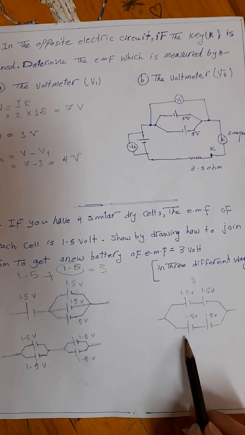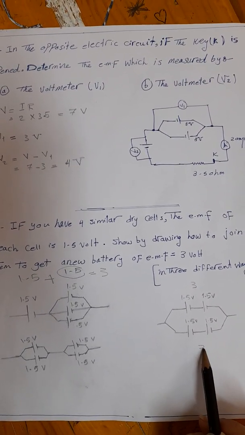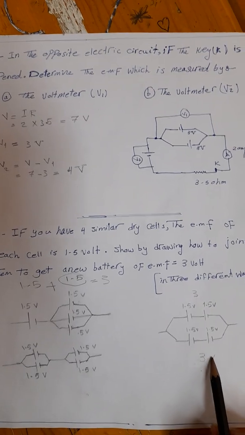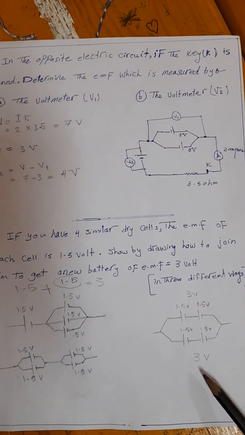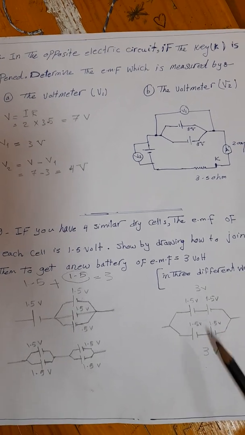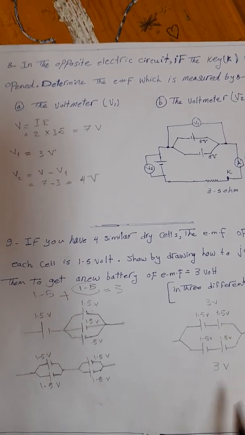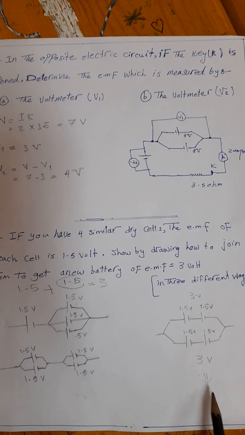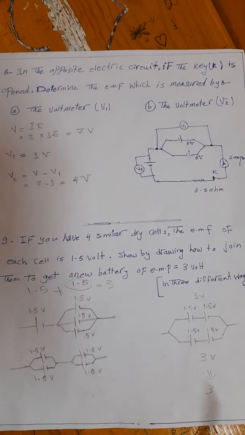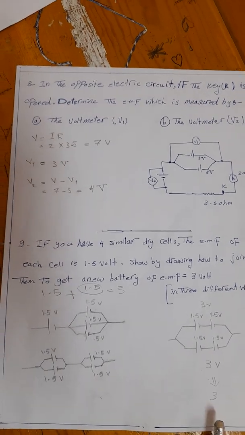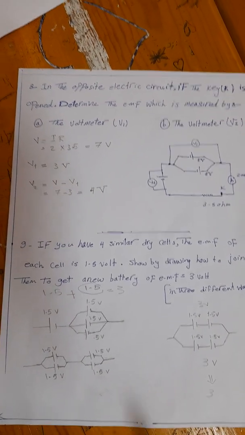The same for these 2, the electromotive force is 3 volt. The 3 volt groups are parallel to each other, so the total electromotive force is 3. In parallel, the total electromotive force equals the value of each one.